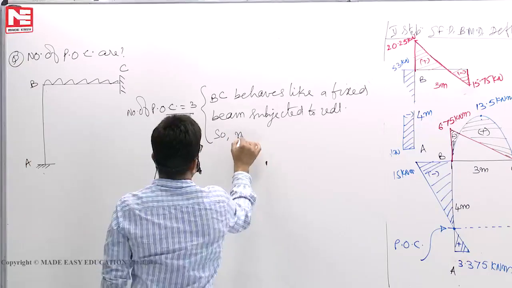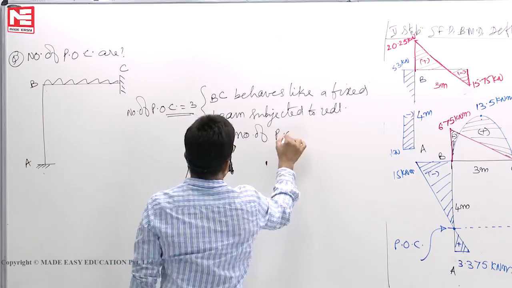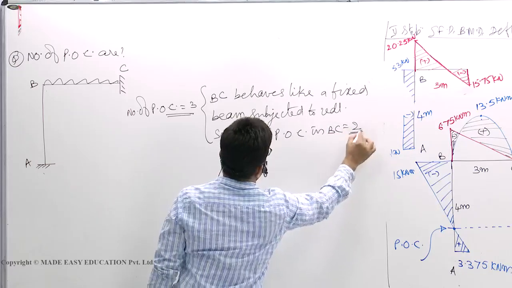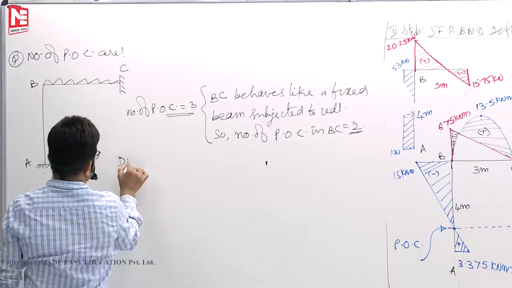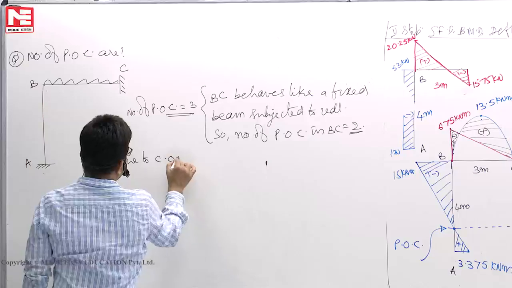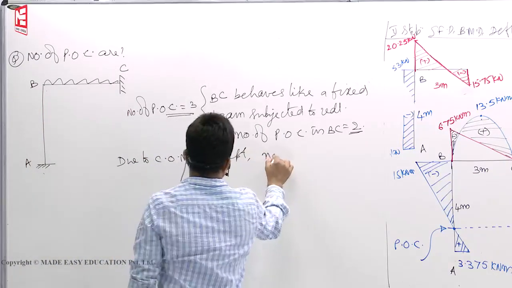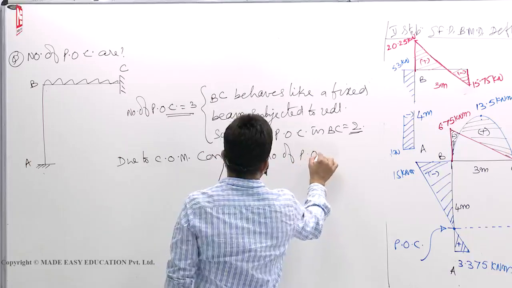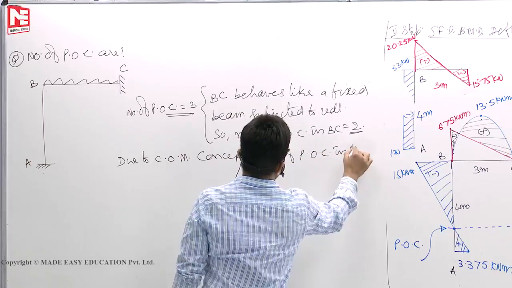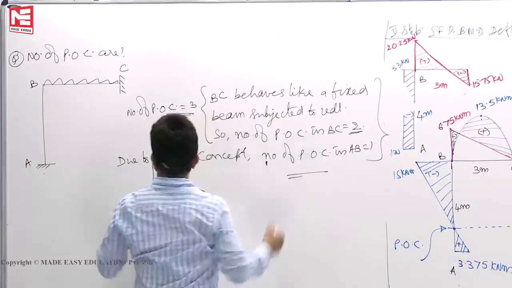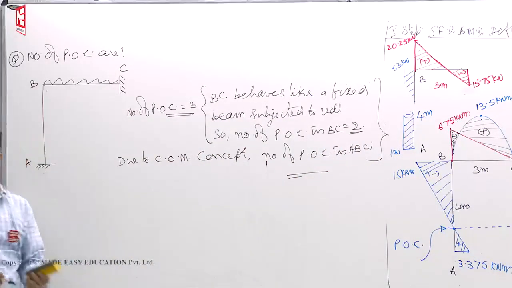So, number of POC in BC is equal to 2. Next, due to carryover moment concept, number of POC in AB is equal to 1. So, 2 plus 1, 3, like that.